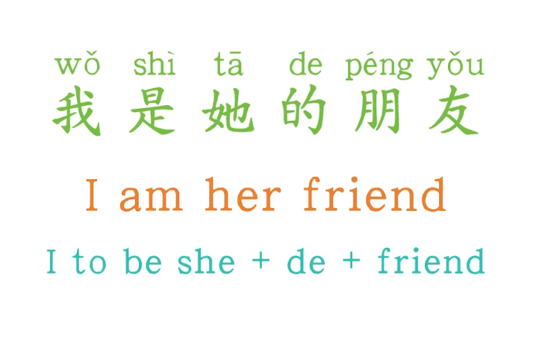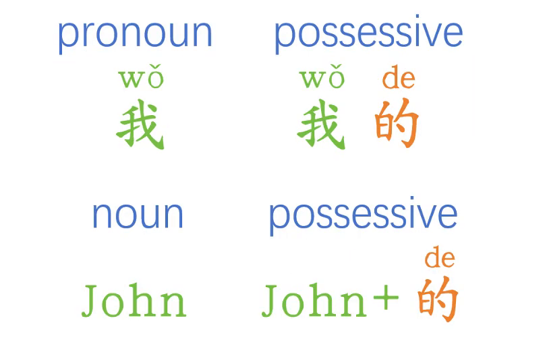That is, 我是他的朋友. So if you want to tell whether it means I'm his friend or I'm her friend, we need to judge from the context of the conversation.